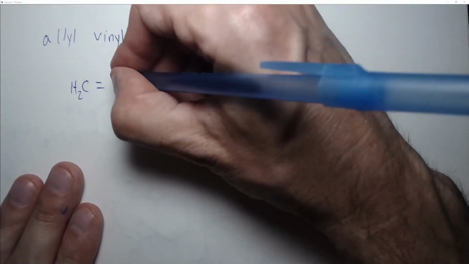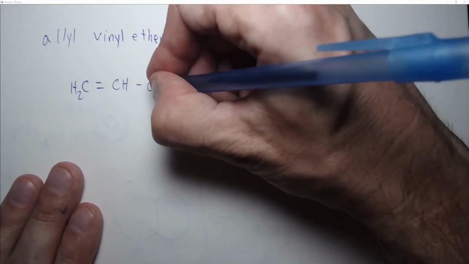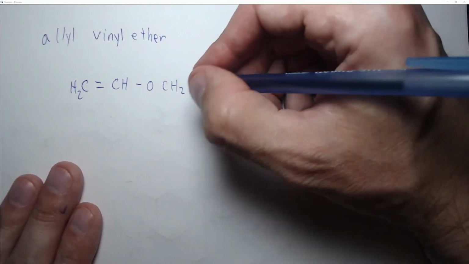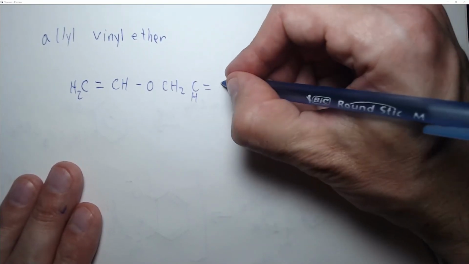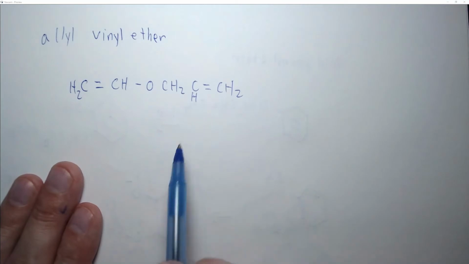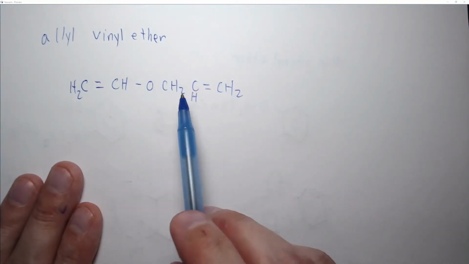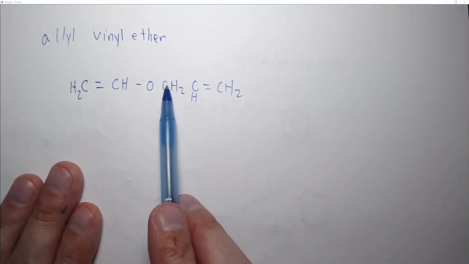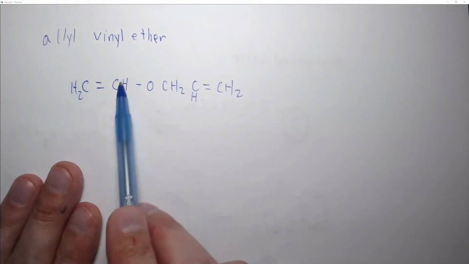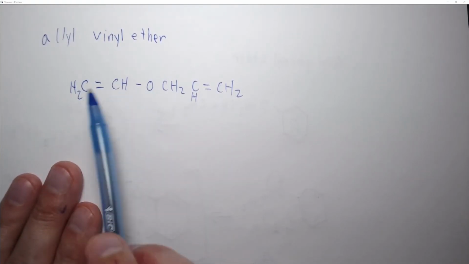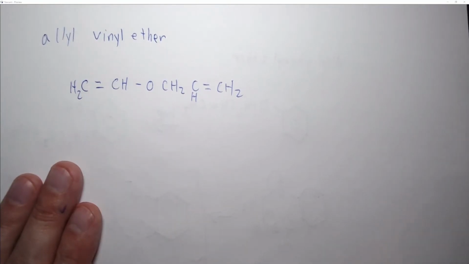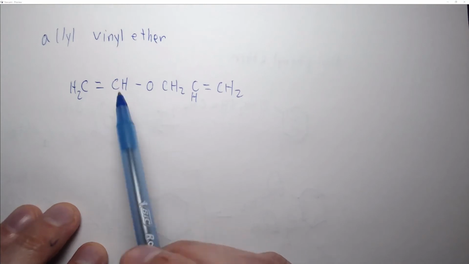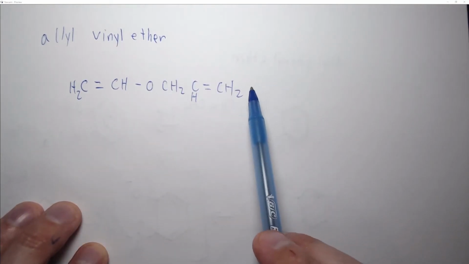We have CH2 double bond, CH, bond O, CH2, CH, double bond, CH2. So it's vinyl on this side, allyl on this side because we have the CH2 in between the double bond, and vinyl on this side because there's no CH2 in between. We just have the oxygen directly bonded to the C double bond C, excuse me. So this is basically what we have.